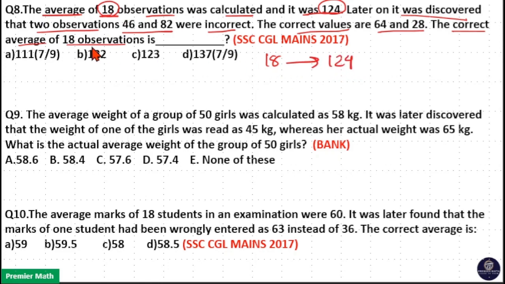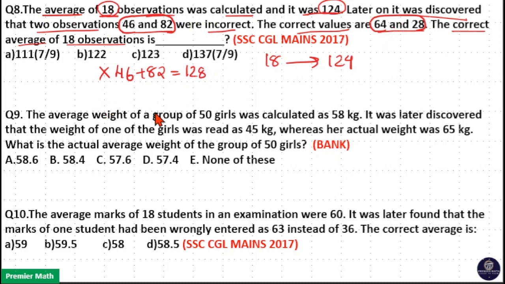Now, while calculating this 124, there was a mistake. That is, they entered incorrect values 46 and 82 in place of the correct values 64 and 28. So here 46 and 82 were incorrect values. Take the sum of it, which is 128.